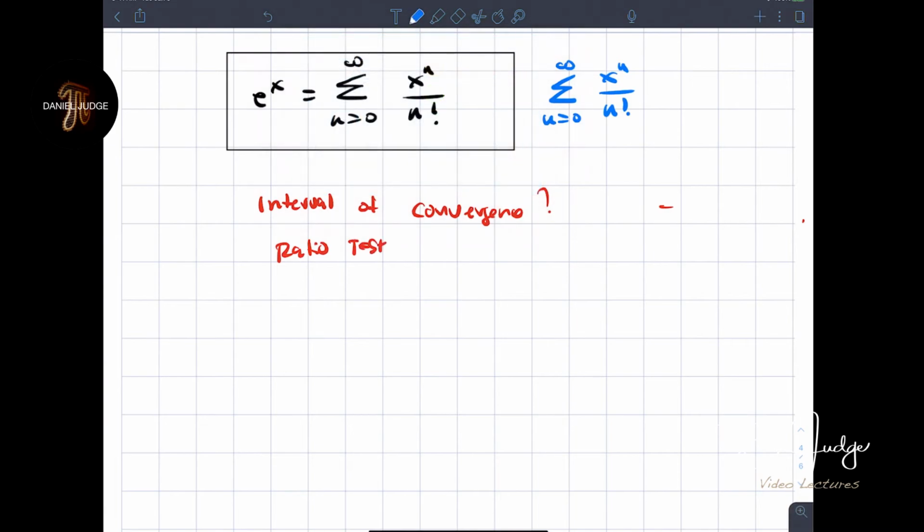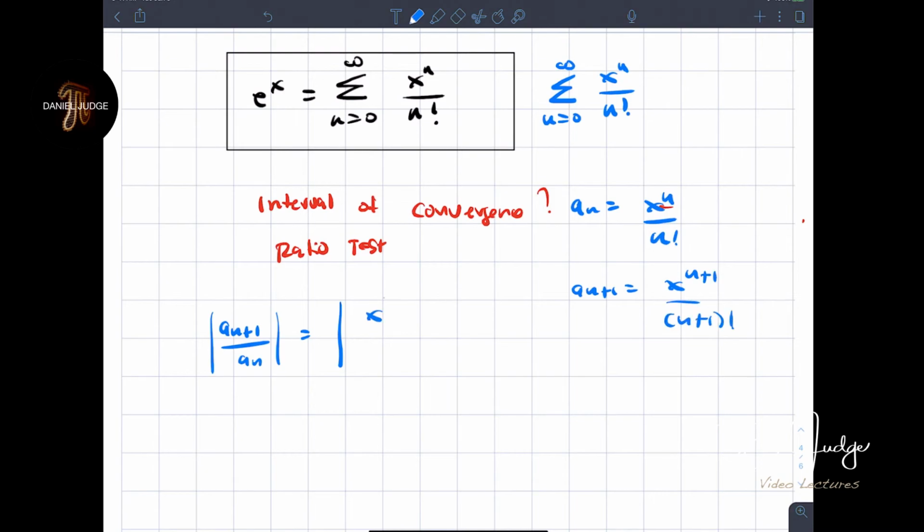So by the ratio test, let's see what this looks like. a n plus 1 over a n. Remember, a n here will be x to the n over n factorial. So we're going to have a n plus 1, x to the n plus 1 over n plus 1 factorial. We get x to the n plus 1 over n plus 1 factorial times n factorial over x to the n in absolute value.